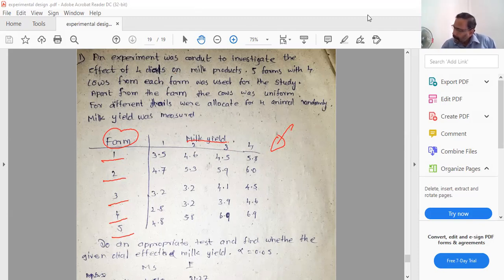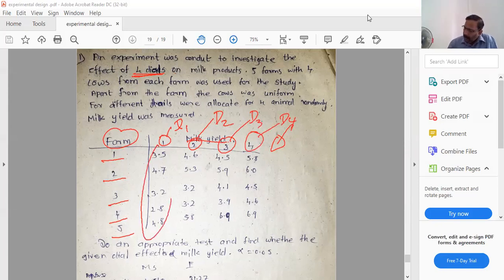So here, the investigator studies the results of 4 diets. This is diet 1, this is diet 2, this is diet 3, and this is diet 4. So 4 diets have been given to the animals. This is the setup.